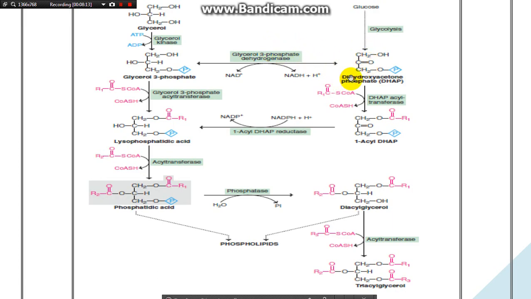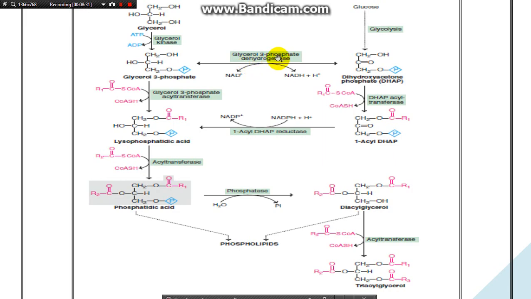And this compound dihydroxyacetone phosphate is converted to the glycerol 3-phosphate by the glycerol 3-phosphate dehydrogenase, with addition of the NADH and conversion to NAD+.